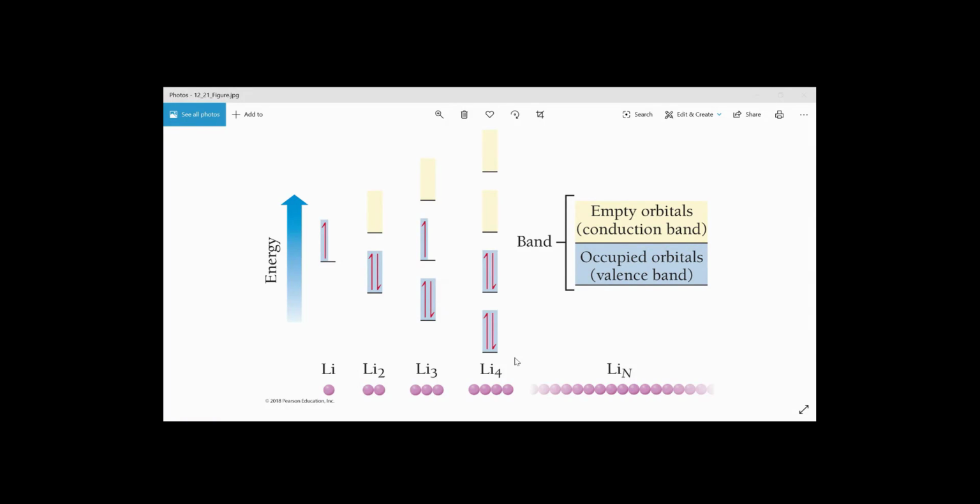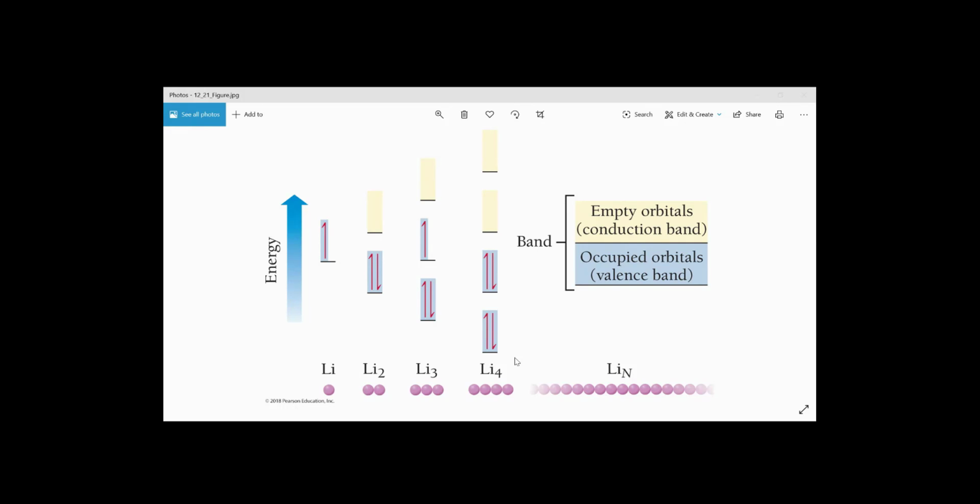All right. So you've got Li. It's got its valence band as 2s1. And then if you have 2 lithiums, 3 lithiums, 4 lithiums, N lithiums. Think about what a mole is. If you have 7 grams of lithium, you have a mole of lithium.